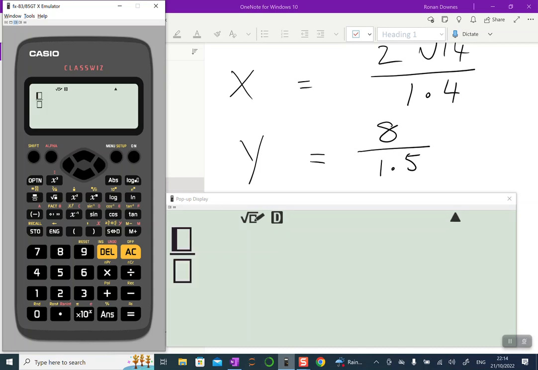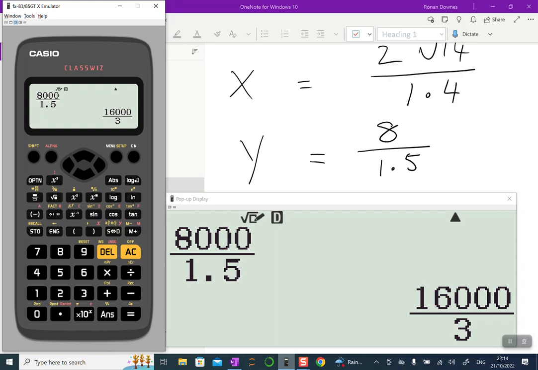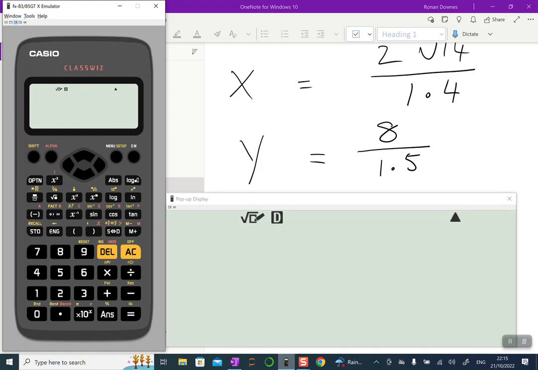Okay, so I have a fraction bar 8 over a speed of 1.5. Now, I have forgotten that these were kilometers. So in seconds, I need to put that as 8,000. Okay, I'm storing that to Y. And now remember, my X is 1,000 times too small. So I'll recall it, and I'll multiply it by 1,000.